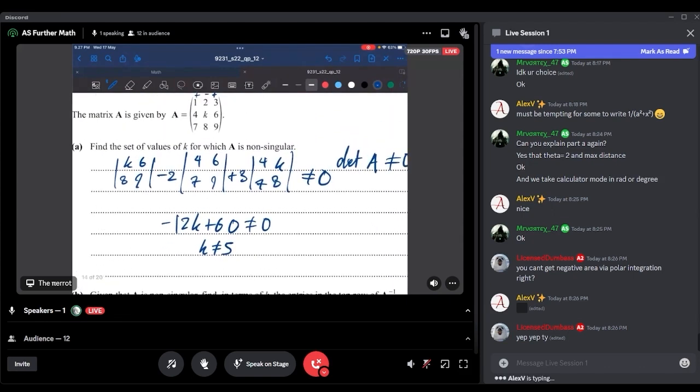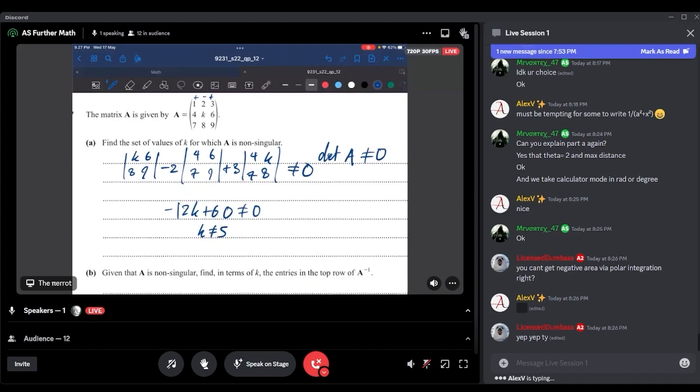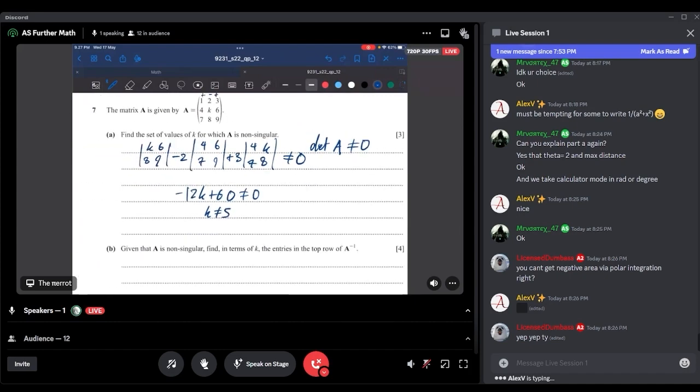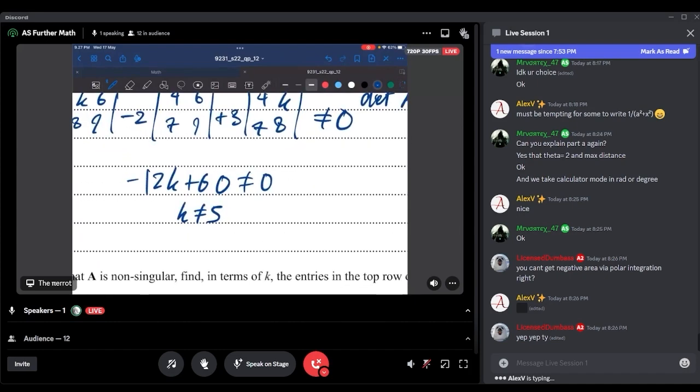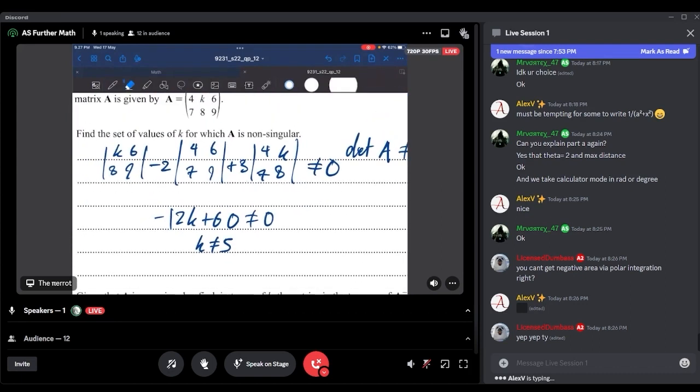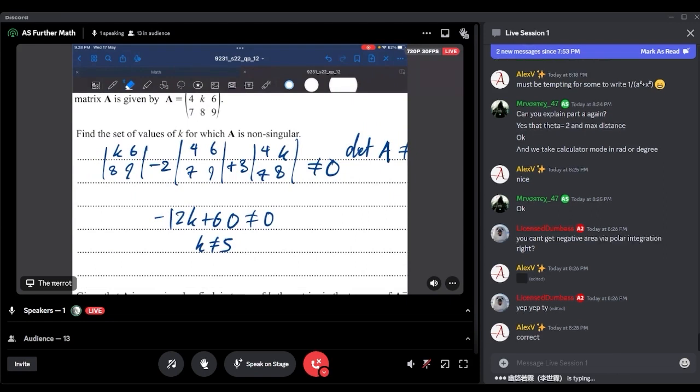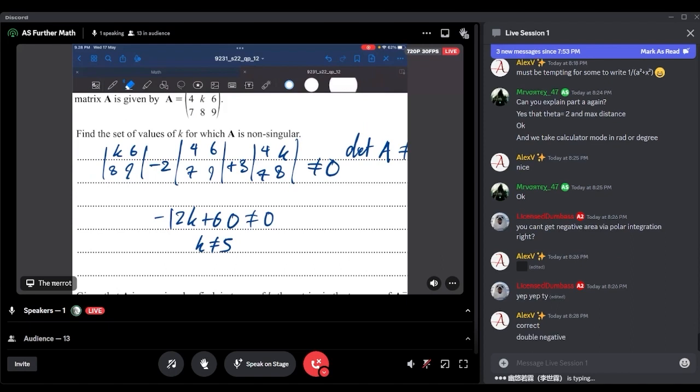Solve the unequation, just a joke. Oh wait, sorry. We want to find the values where A is non-singular. Oh yeah, sorry. So the correct answer is k is not equal to 5. I forgot it's not asking for when A is singular.